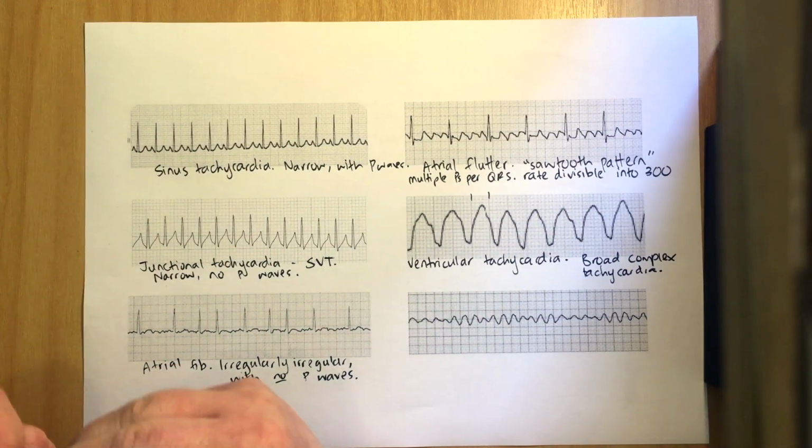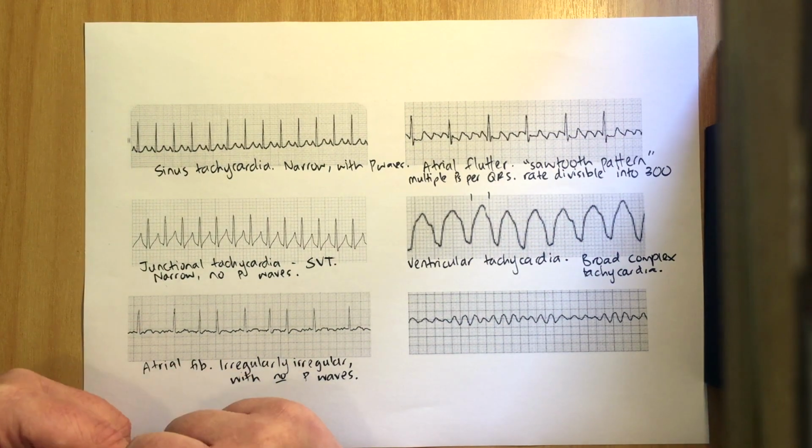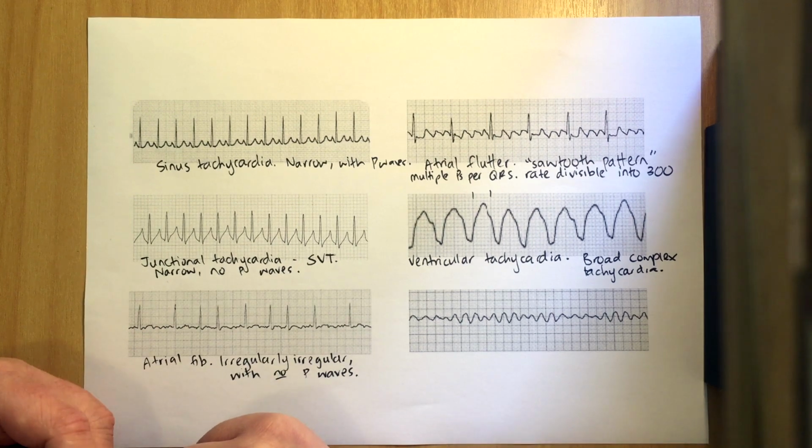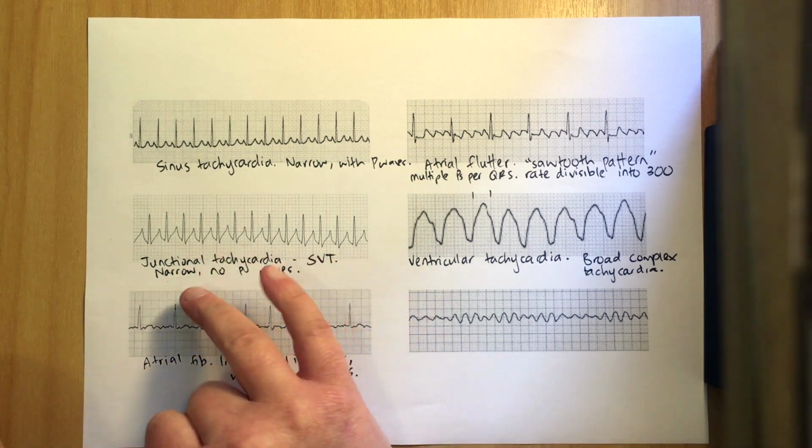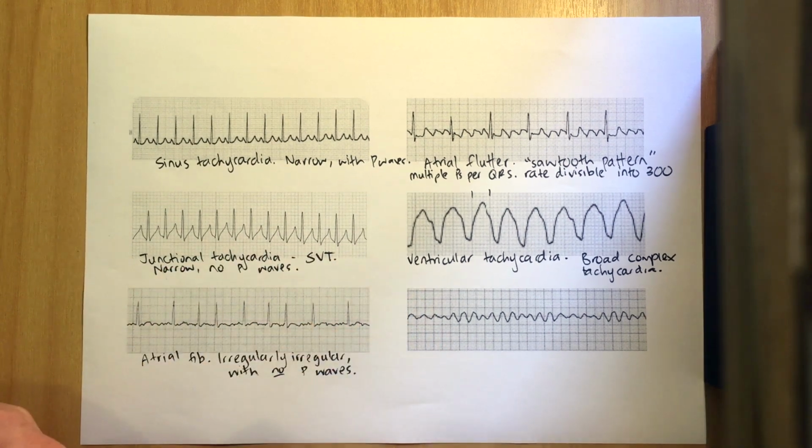Now, there are two things that can cause a broad complex tachycardia. One of them is a ventricular tachycardia, and the other one is a supraventricular tachycardia, like, for example, our junctional tachycardia, with a conduction delay. So one of the bundle branches down to the ventricle can be delayed.